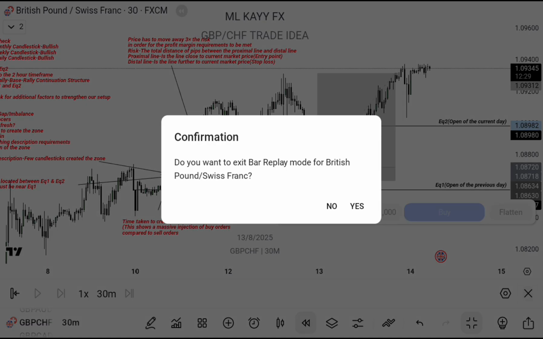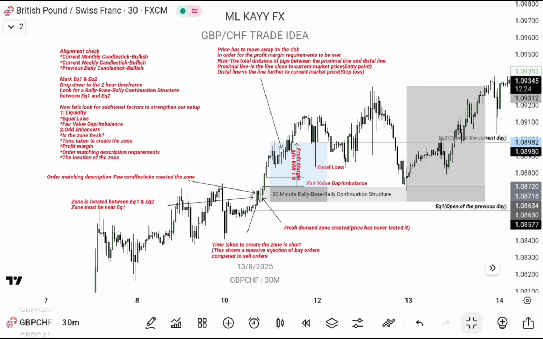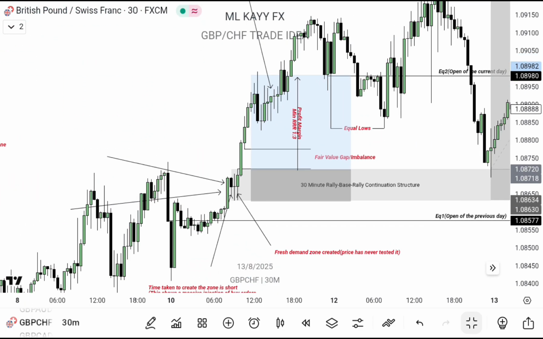Let me just remove the bar replay. I think I pressed it by mistake. So that is the proximal line and the distal line.